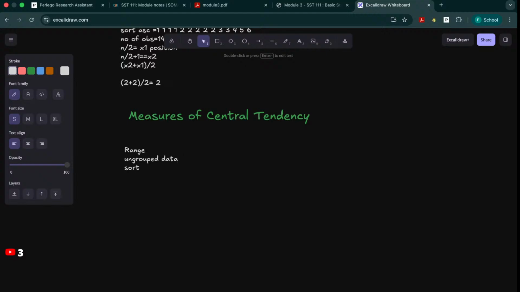It does not have boundaries or anything. The method for calculating range is that we sort the data in ascending order.